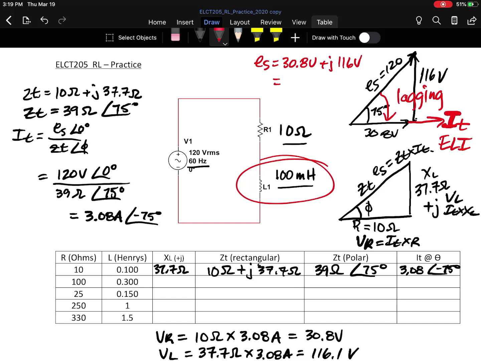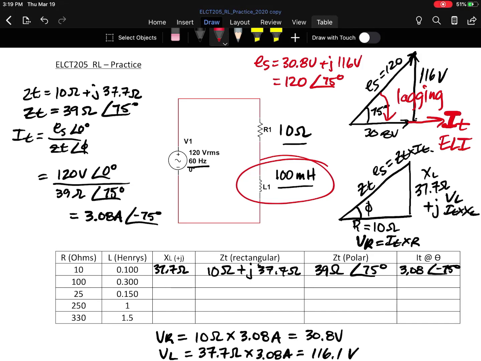So I'll just do that now. 30.8 with a plus j116. Then convert that to polar. Then sure enough, you have a 120 volt value at 75 degrees. So we've confirmed that, right? So ES is 120 volts at 75 degrees.